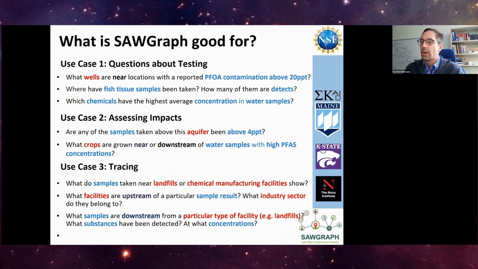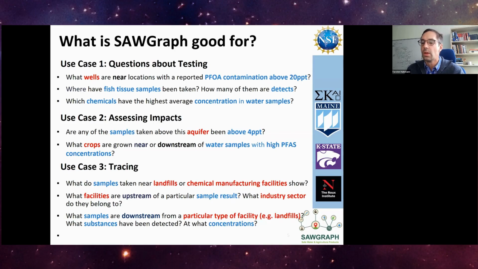So SAWGraph intends to help guide decision-making and research on PFAS, and we've identified with the stakeholders 3 main use cases. The first one is about testing, like understanding where PFAS has been identified, at what levels, what kind of PFAS.